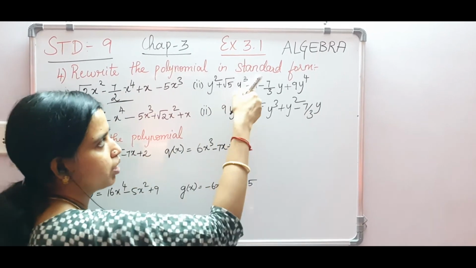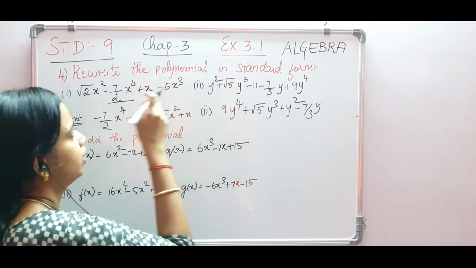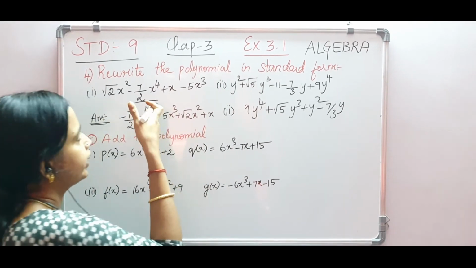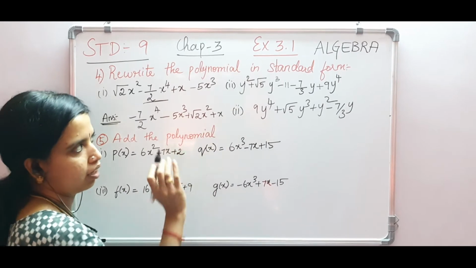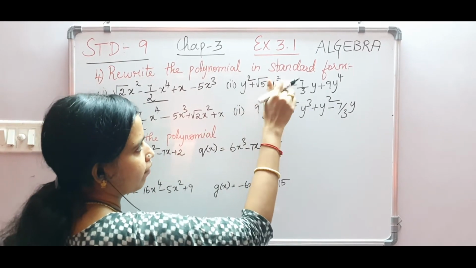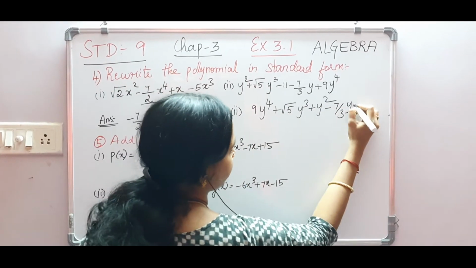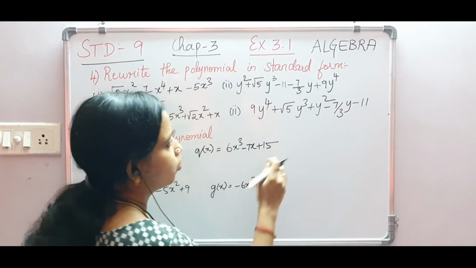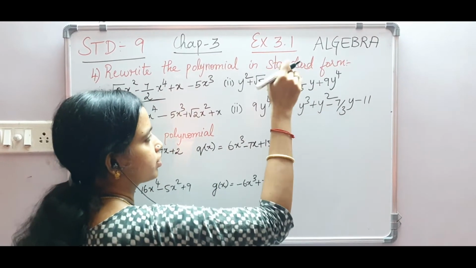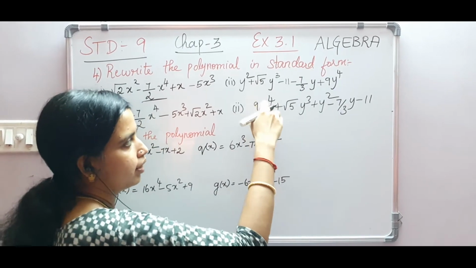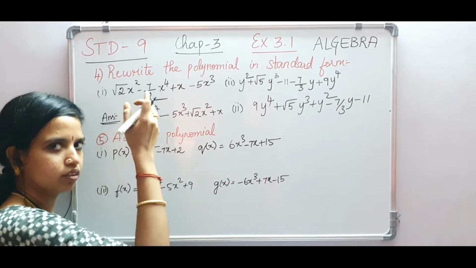And the last term is the constant. In this polynomial we don't have any constant, so we stop here. But in this polynomial we are having minus 11 as a constant, so we have to write it here. So first you have to check the highest degree, start from that term and then go in decreasing order. This is called standard form.